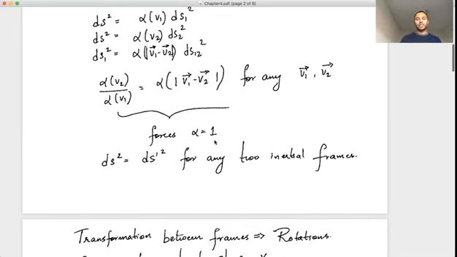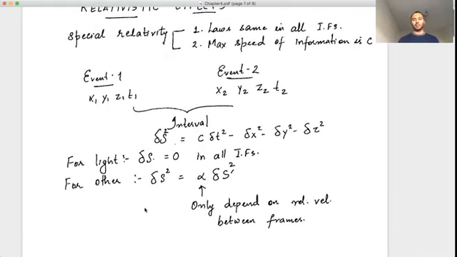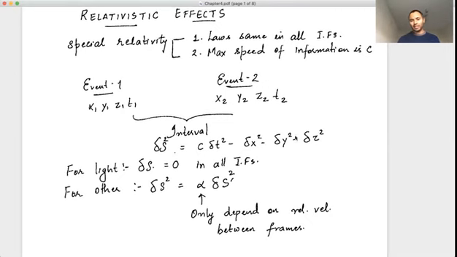Now, the easiest way to think about this equation here of the interval being the same in the two frames is to think about rotations in 4-dimensional space. And again, the analogy to 3 dimensions is useful here. If you just had 3 dimensions, and you say that I need some transformation to go from one frame to the other, but the distance between the 2 points has to be preserved in this transformation, well, the most general form of the transformation is a rotation, right?